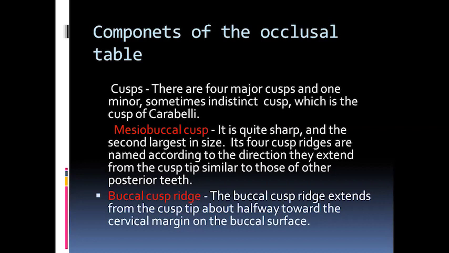First is the mesiobuccal cusp. It is quite sharp and the second largest in size. Its four cusp ridges are named according to the direction they extend from the cusp tip, similar to those of other posterior teeth. The buccal cusp ridge extends from the cusp tip about halfway toward the cervical margin on the buccal surface.